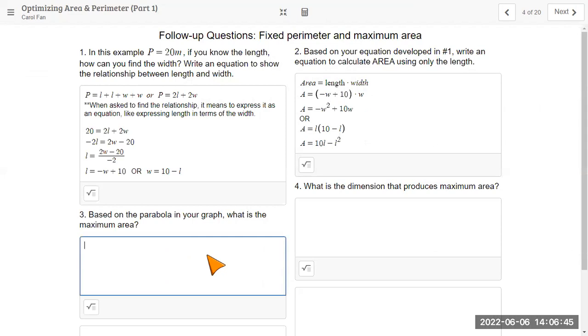So we can say the maximum area is made when we have length and width of 5 meters. And then we could say the maximum area is 25 meters squared.